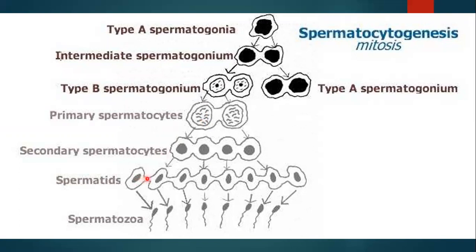And these cells are connected through their cytoplasms because the cytokinesis has not been completed yet. Then from this step onward, a process known as spermiogenesis occurs. And this will lead to the formation of the spermatozoa, which is the final product.